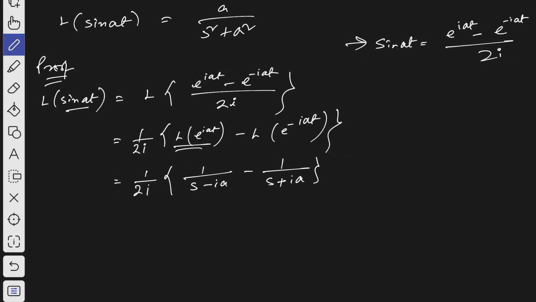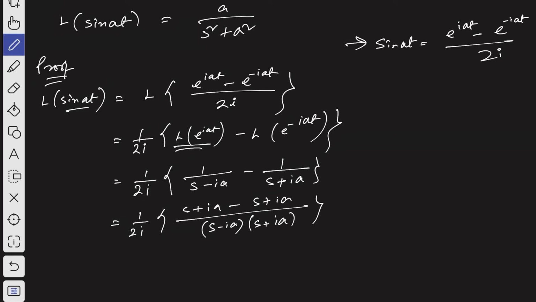So again, let us take the LCM and simplify. We have s minus ia into s plus ia in the denominator, then after the LCM, s plus ia minus s plus ia in the numerator.